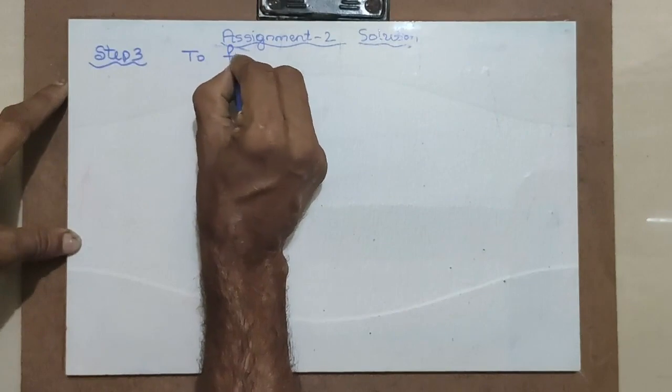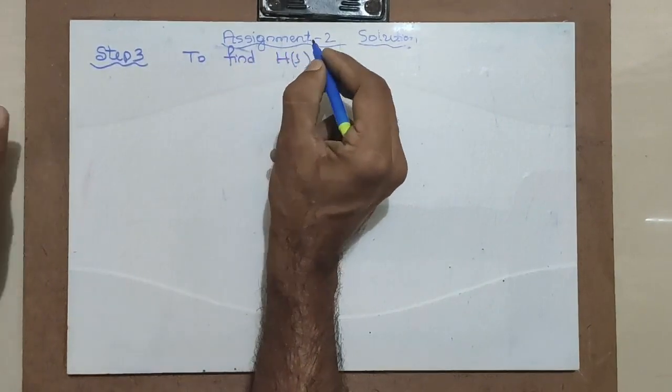Step 3 is to find H of s. You know how to find H of s.